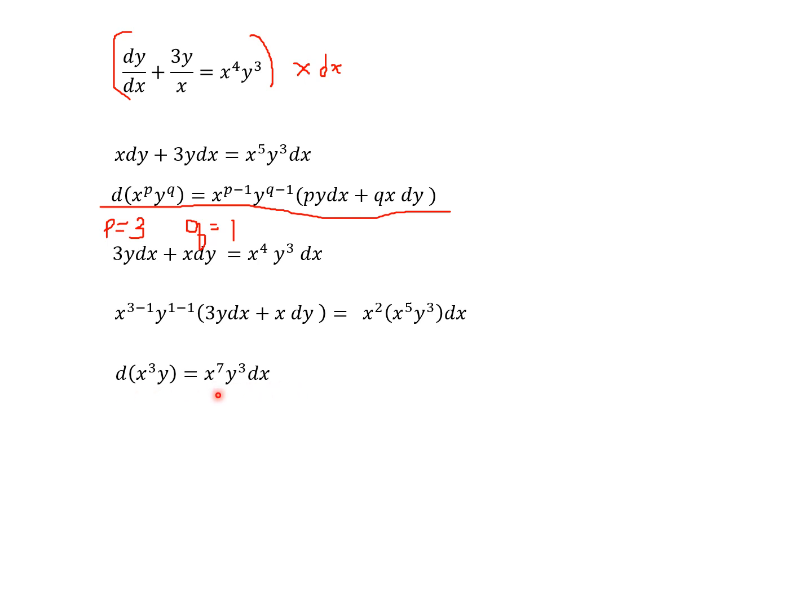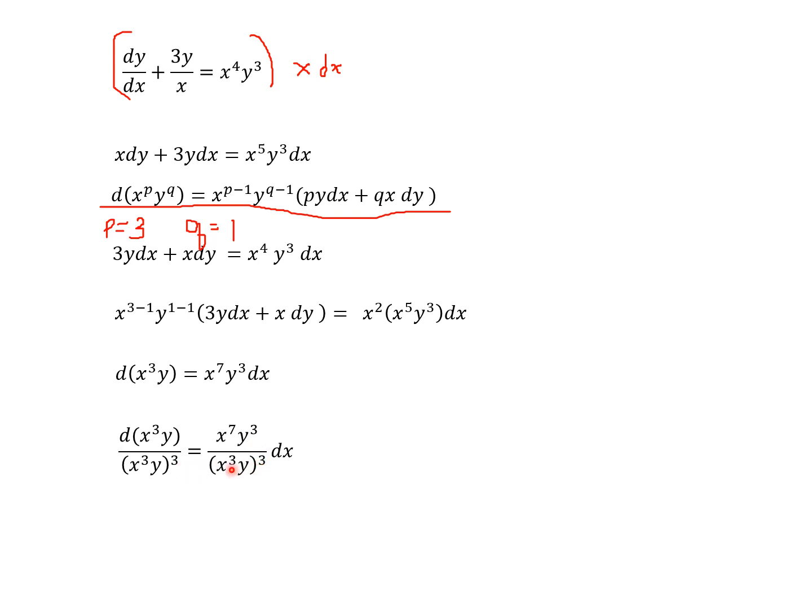Now you will have to divide this by something that will eliminate y here, and the only factor is x cubed y cubed. Why is it y cubed? Because it will eliminate that y cubed and y cubed there. Why is it not just x cubed y?